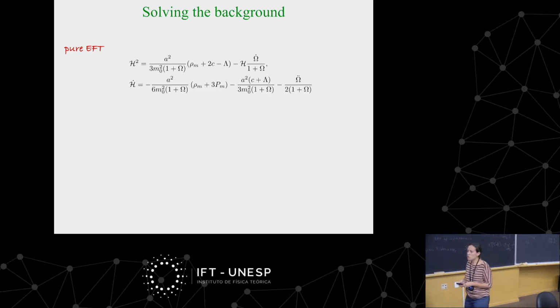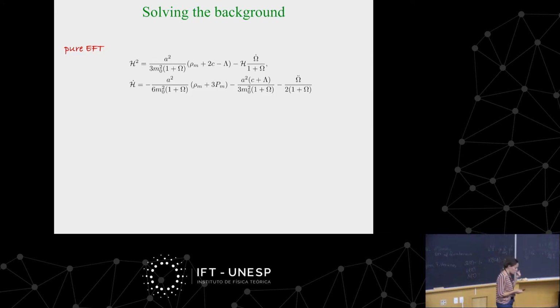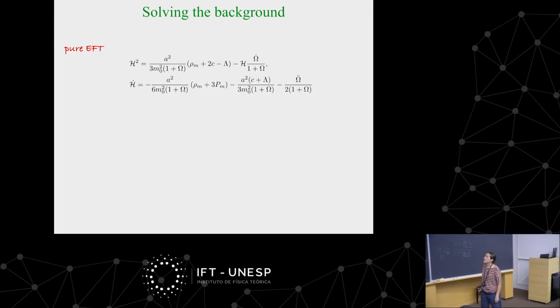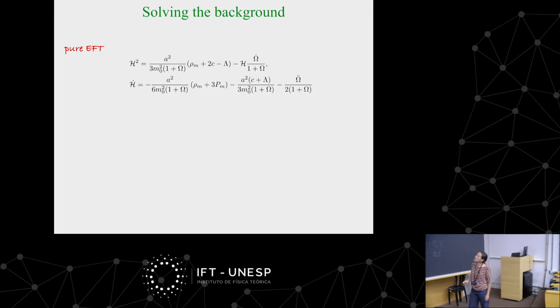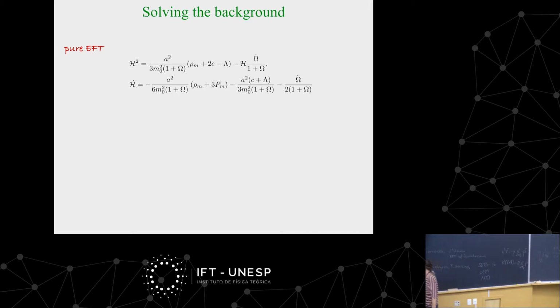Because there are two ways in which you can approach the background in these theories. Look at the first line. The first line, I should say, is the only one that determines your background. All the other operators will become important only for the dynamics of perturbations. So in the first line, you had something like 1 plus omega R, and then something like lambda, and then something like C of tau delta g 0 0.